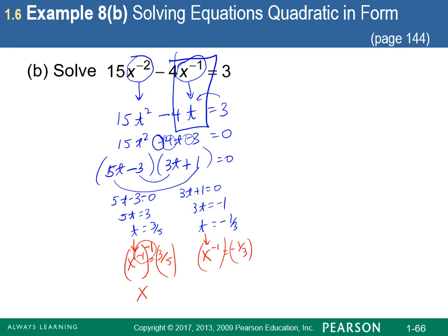And that'll give an x. You can type this in your calculator, 3/5 to the negative 1 power, and see that it just comes out flipped. And likewise, we don't need to bother checking those answers.